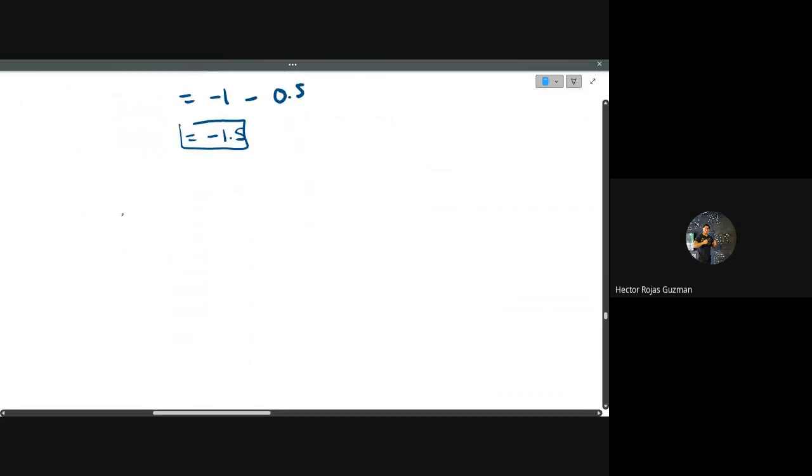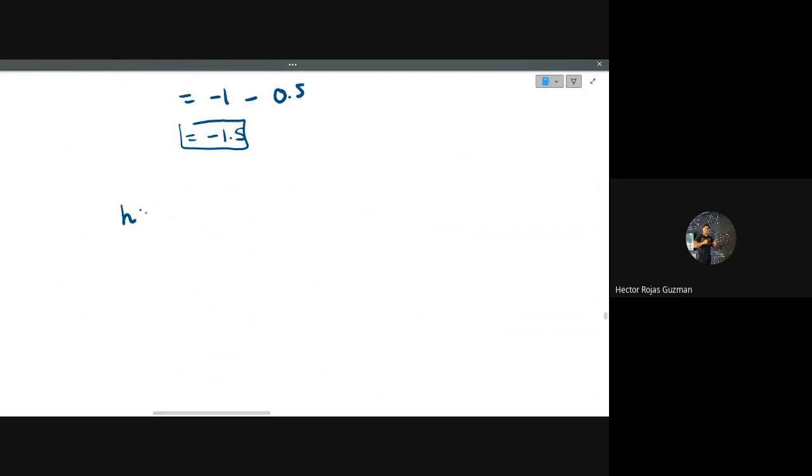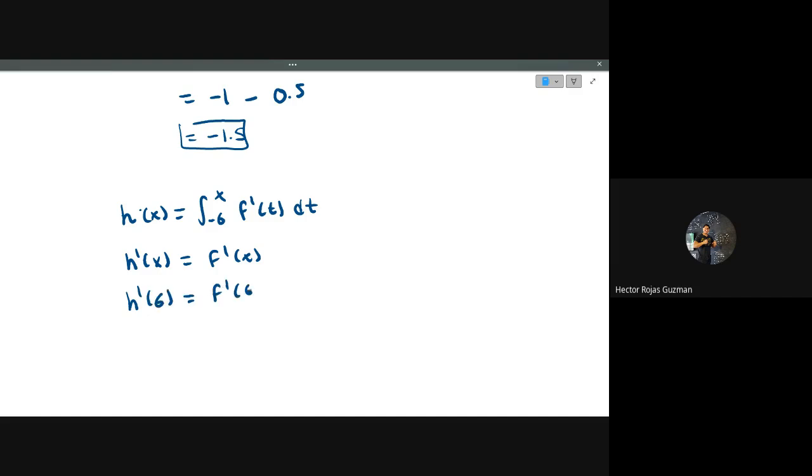Okay. Now we're supposed to find h prime of 6. But before we find h prime of 6, we need to find the derivative. The derivative cancels the integral. So h prime of 6 is the same thing as saying f prime of 6.